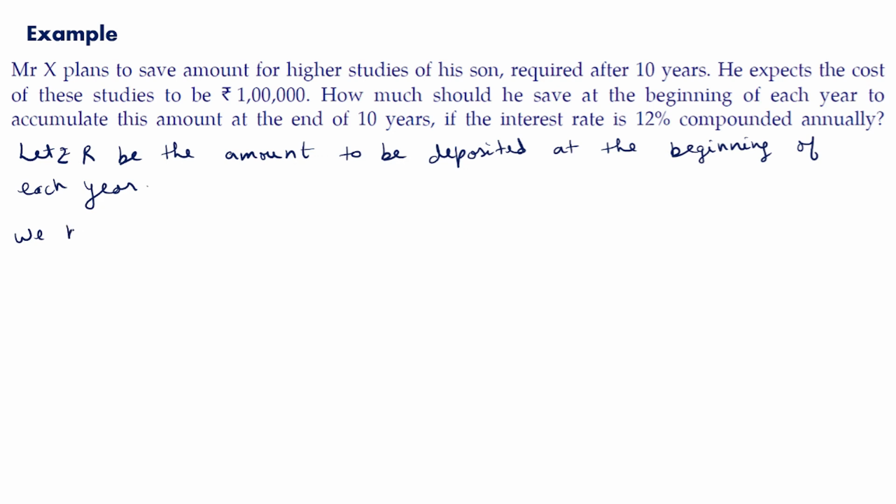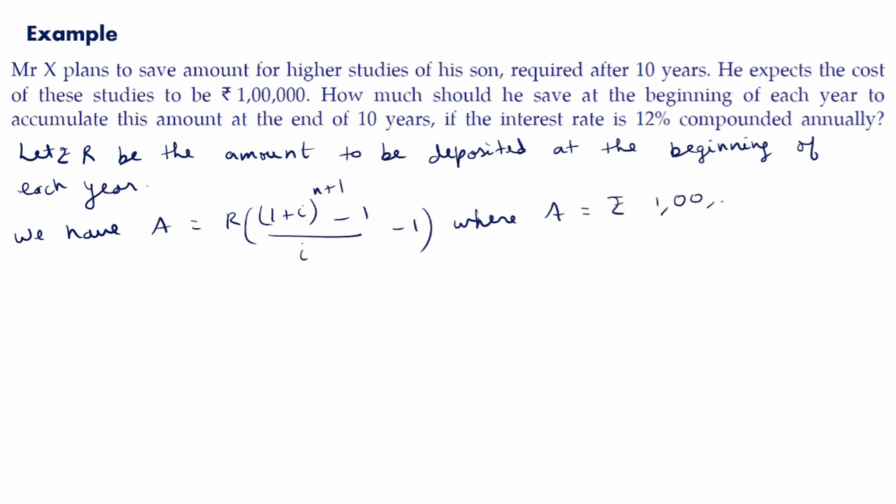So we have A = R into [(1+i)^(n+1) − 1]/i − 1, where A, that is the amount to be accumulated, is rupees 1 lakh, and the rate per period i is 12%, which is 0.12, and n is the number of periods, 10 years. So n is 10. Using all these we can find R.